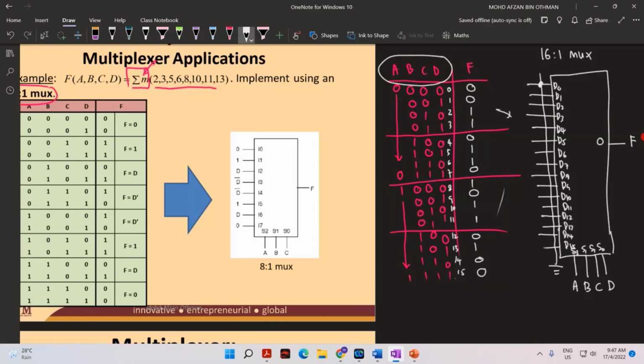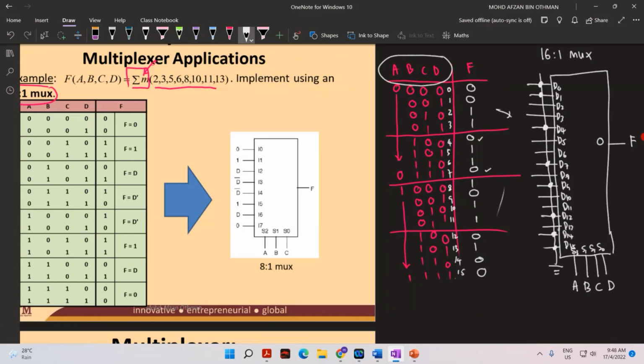And then you have D1, lepas tu D4, D7, D9, D12, 14 dengan 15.